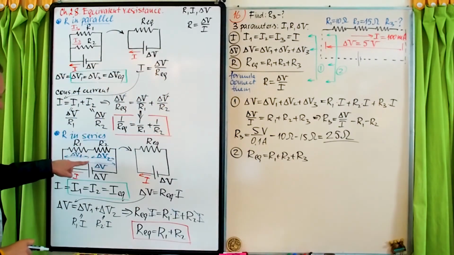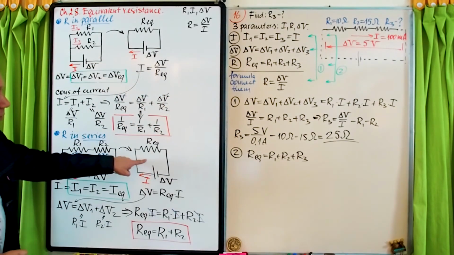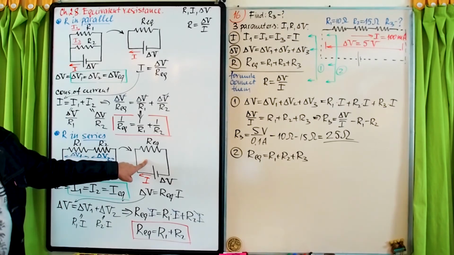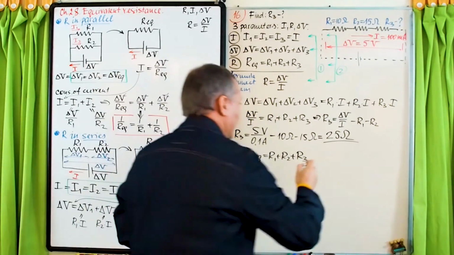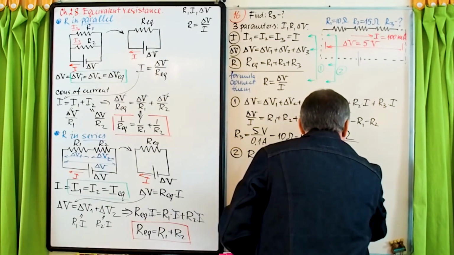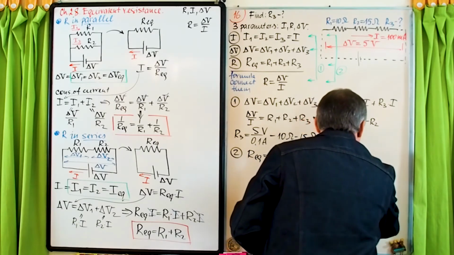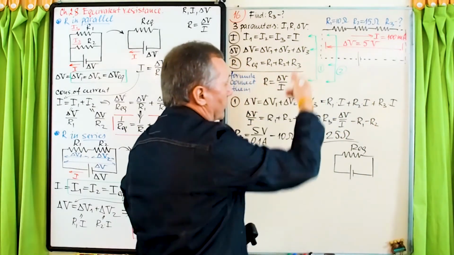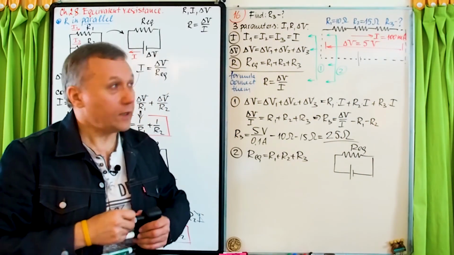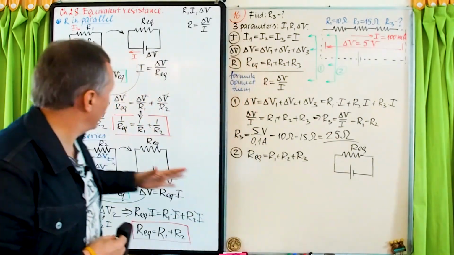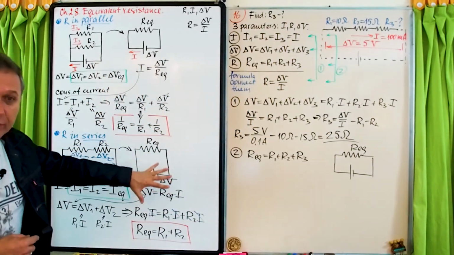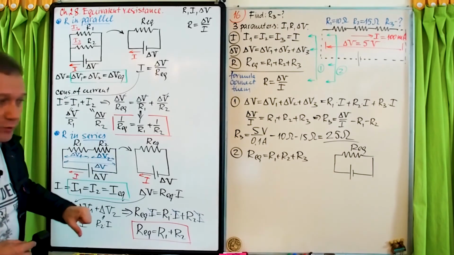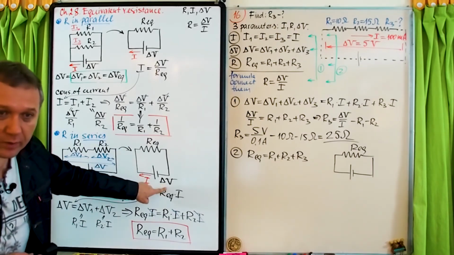It's basically this case. Let me draw this equivalent circuit over here. Of course, I can draw my R equivalent and that imaginary battery which created that potential difference and that current. And you remember when we replace a real circuit with an equivalent circuit, the battery works in the same way.